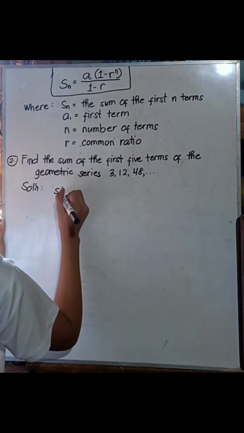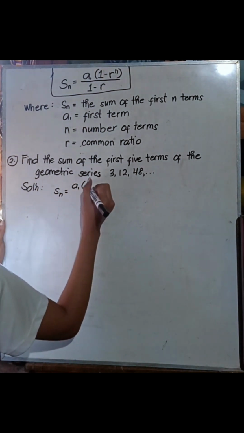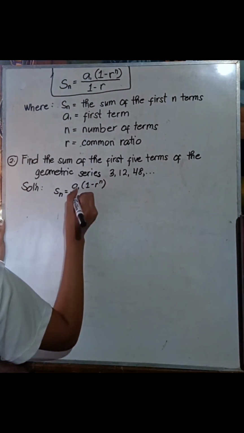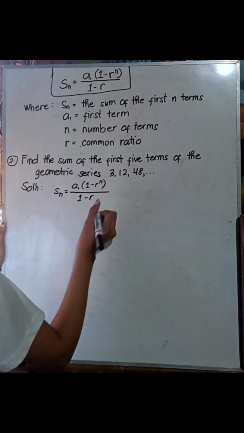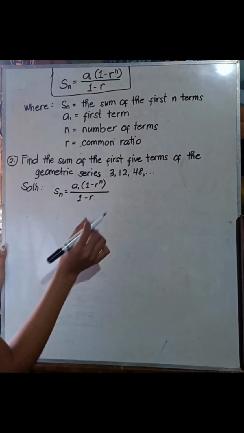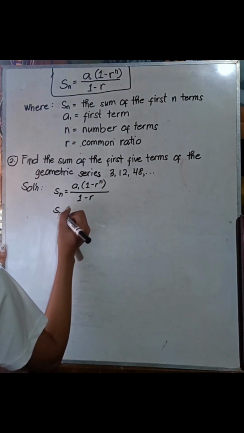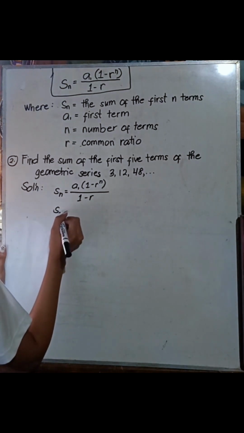S sub n is equals to a sub 1 times 1 minus r exponent of n over 1 minus r. So, substitute the given. First 5 term pa rin ang hinahanap natin. So, ang n natin will be 5.